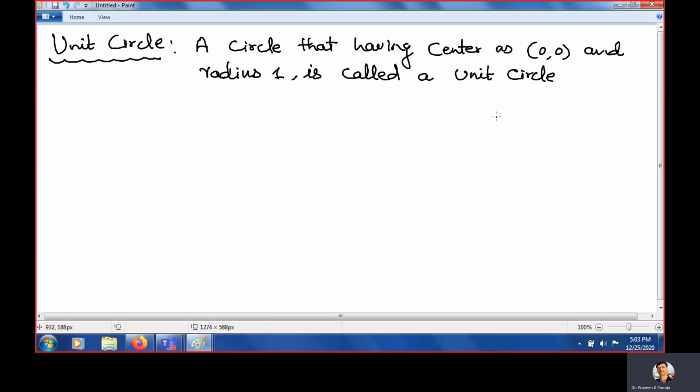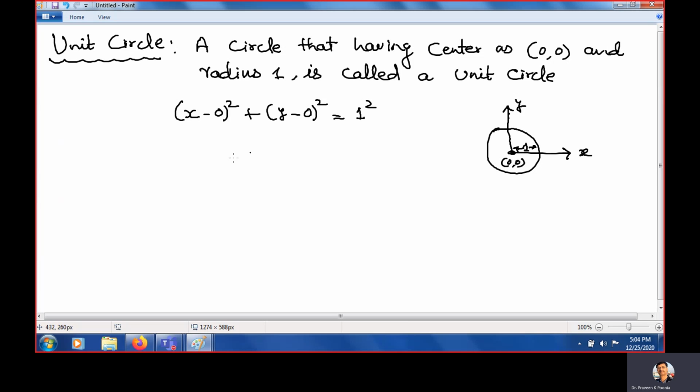Clear? So if this is the circle, this is the x-axis and this is the y-axis. The center is 0, 0 and this distance is 1 unit. So the equation of circle will be (x minus 0) power 2 plus (y minus 0) power 2, the radius is 1 power 2.